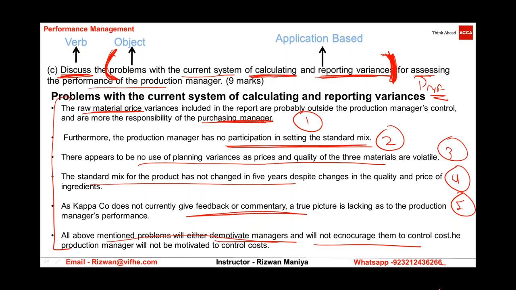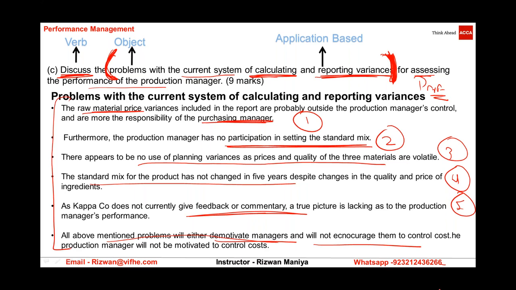And because the verb is discuss, my friend, you will discuss this in paragraph form, and automatically things will be covered. Never write in bullets. The examiner prefers things in paragraph form.